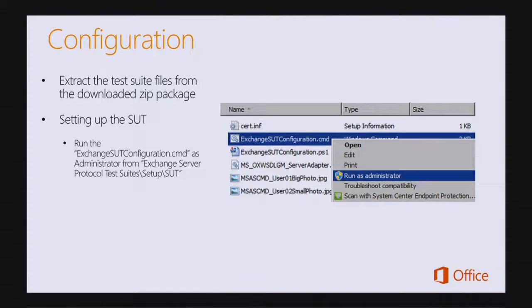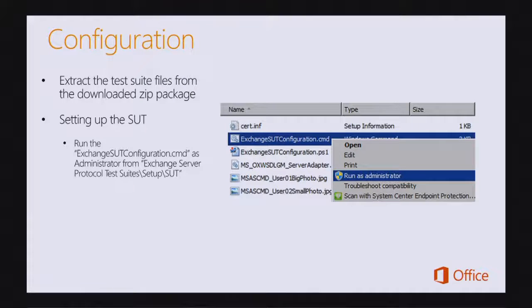Once you get the test suite, you run the script and it will automatically configure everything. The catch is that for your third-party server implementation, you have to carry those steps out manually, because you need to add the user, create a public folder, stuff like that. Depending on the environment, there's no way we can do that.